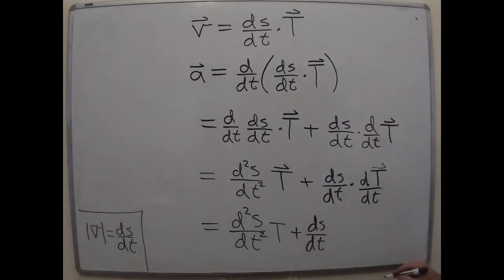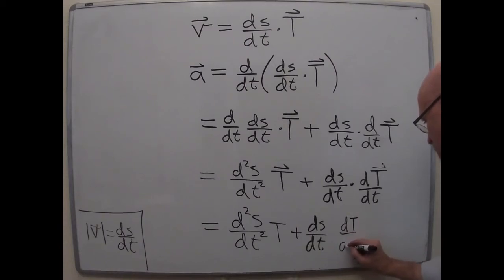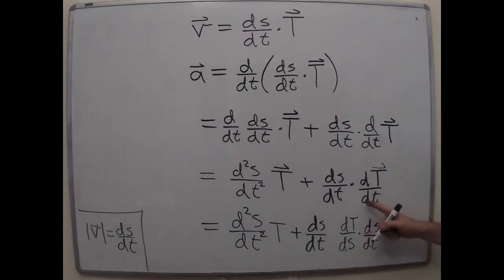But I'm going to break that up as if we're coming from one of those Leibniz rule composition calculations. Think of it as dT ds times ds dt. Now the length of dT ds is the curvature.